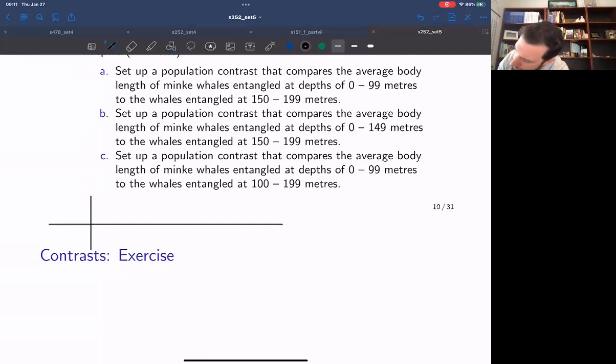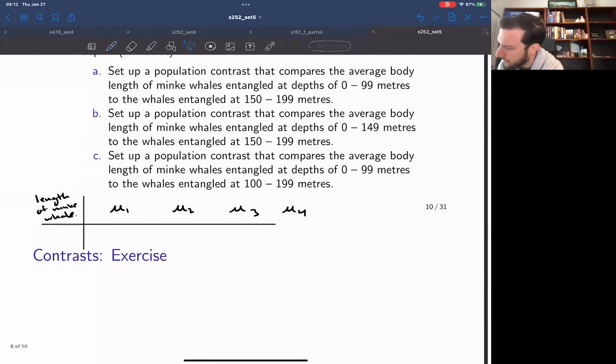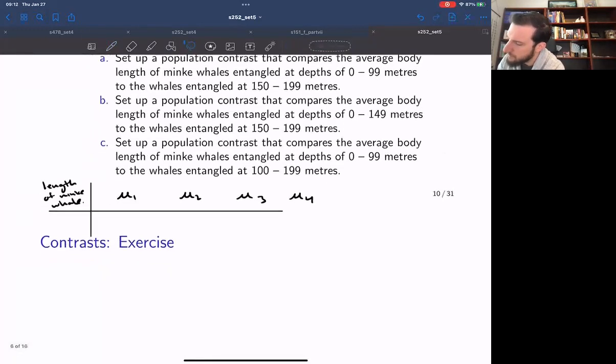Okay, so we have length of minke whale. Then we're going to have mu1, mu2, mu3, mu4, the average length.